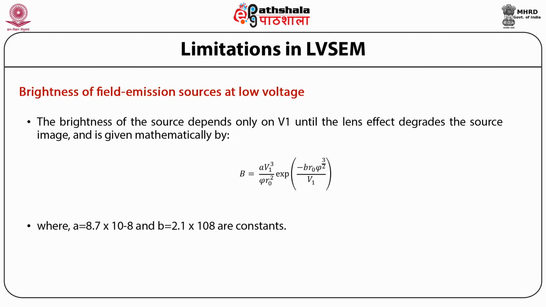However, in practice, tips with sufficiently small tip radius R0 are usually unstable and subject to catastrophic failure, while a suitable choice of the spacing and shape of the two anodes can reduce the lens effect to a low level.